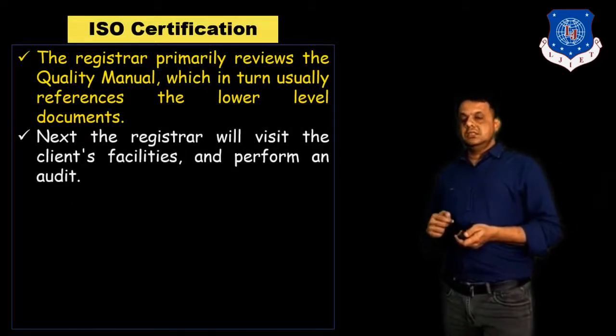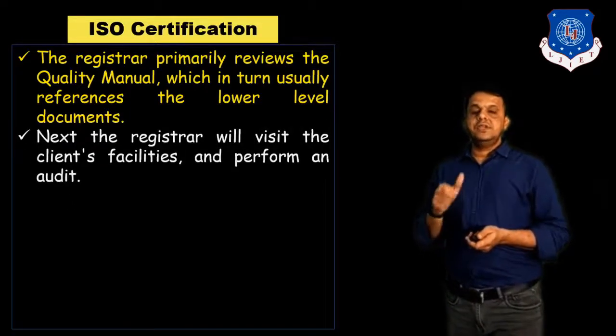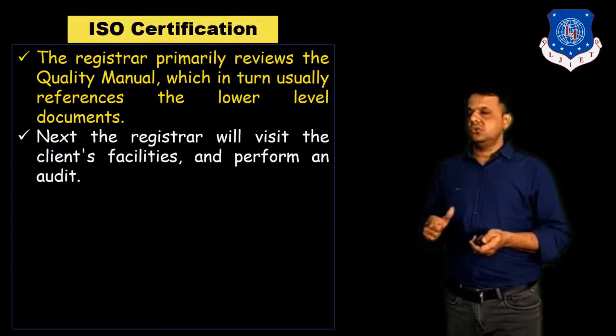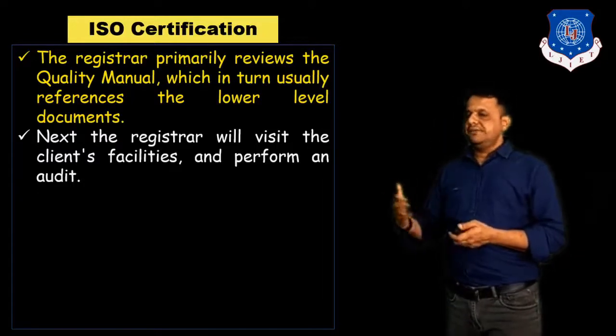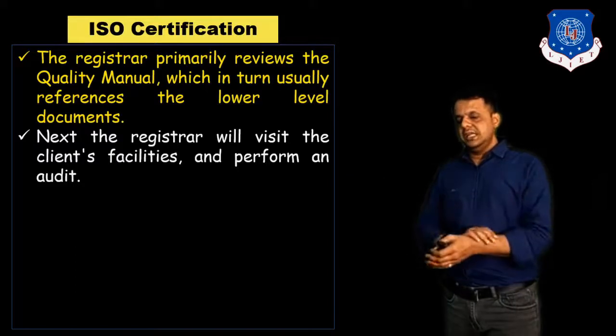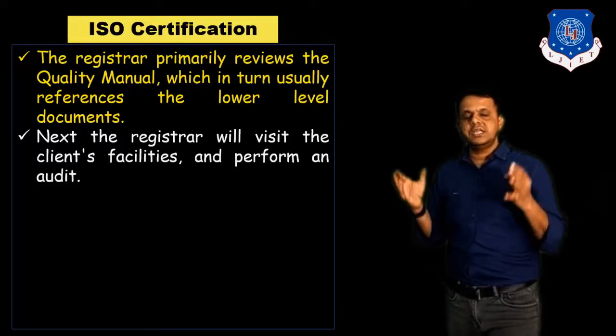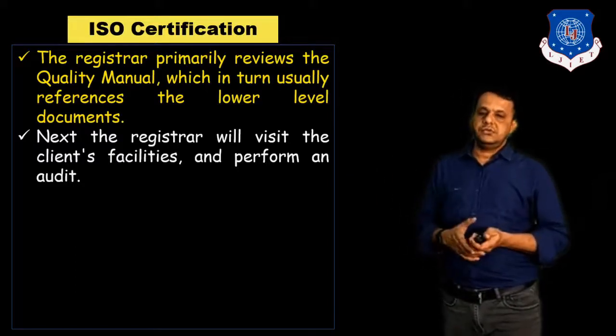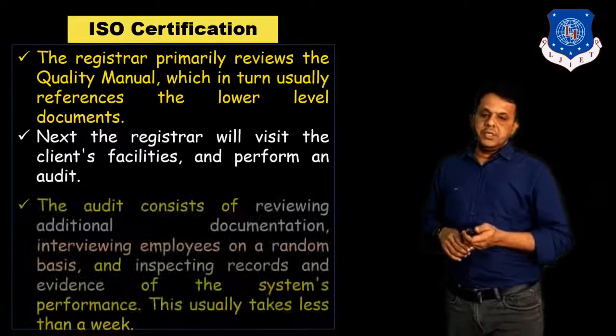Next, the registrar will visit the client's facility. After reviewing and studying all the documents provided by a company, they have to visit the actual site and perform an audit.